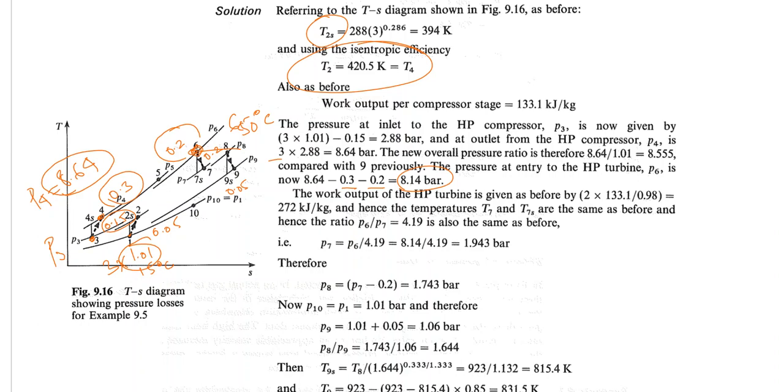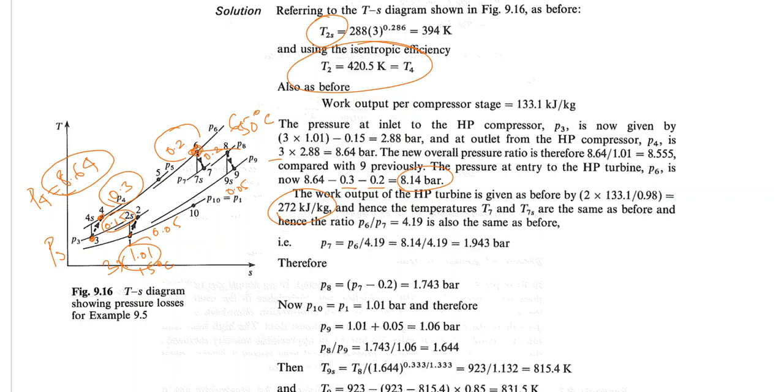The work output of the high pressure turbine is the same as we have previously calculated, and that was 272 kilojoule. And again, T7S would remain the same, and also P6 by P7 would remain the same, which was previously calculated as 4.119. Now we need to find the actual pressure at number 7.